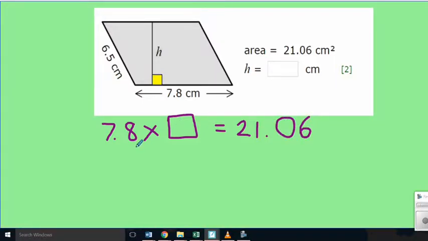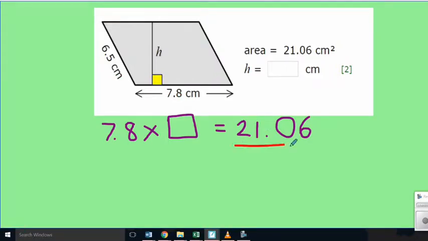Okay, now this one's quite tricky, okay? Because even if you do count in your 7.8s, it doesn't exactly fit into 21.06 anywhere. Okay, so we're thinking this might have been a question from a past stats many years ago when you could have used a calculator.